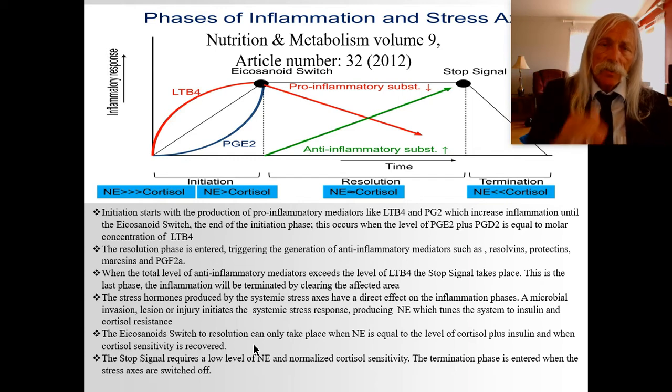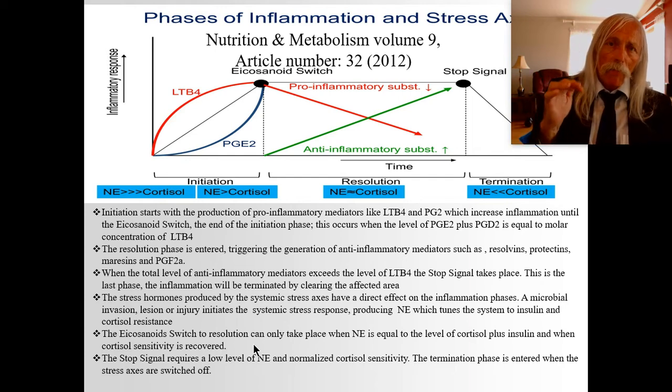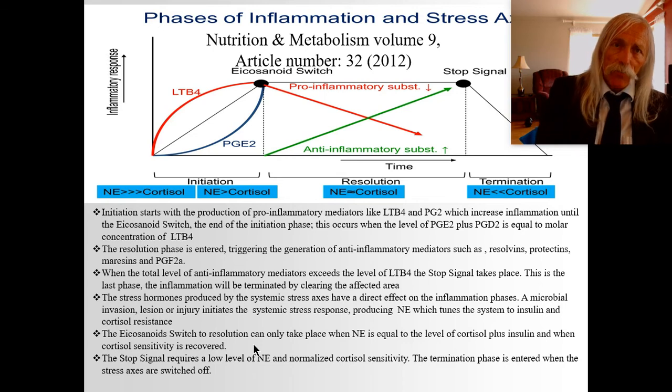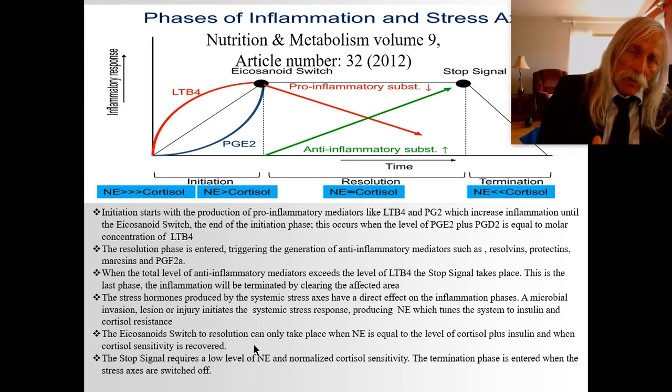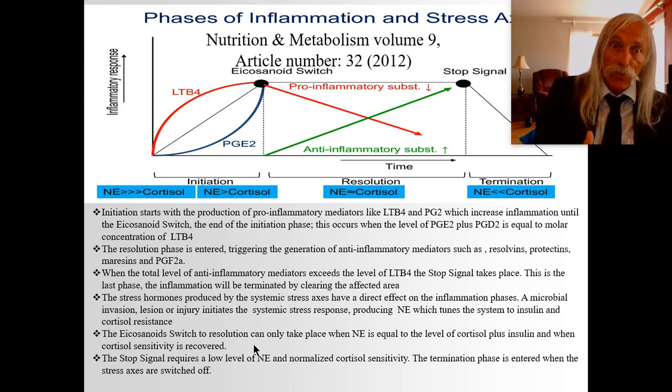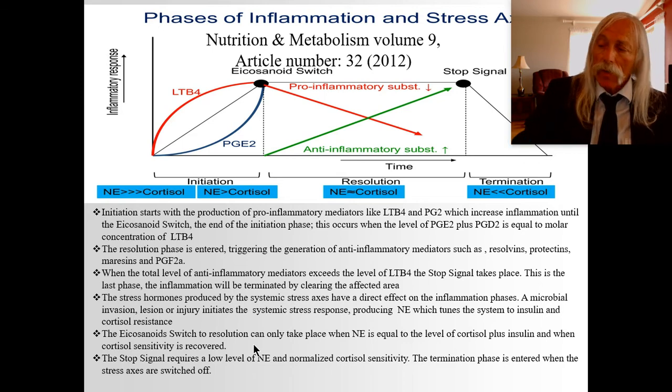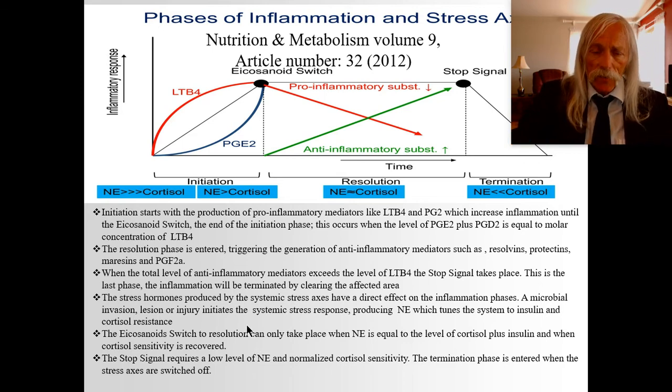So you have to clear the insulin population of bioactivity, binding to its receptor and downstream processing. You also have to clear the cortisol, whatever's in circulation at any given moment, because there is cortisol in circulation at any given moment. Stop signal requires a very low level of norepinephrine and normalized cortisol sensitivity, so you're back to cortisol binding to the receptor and doing what it does.